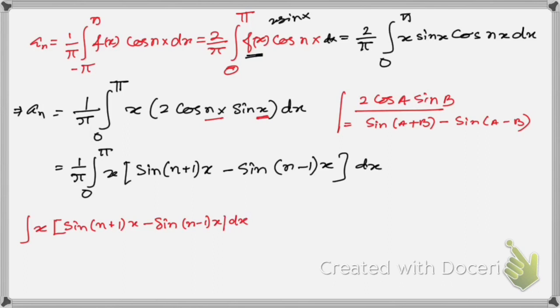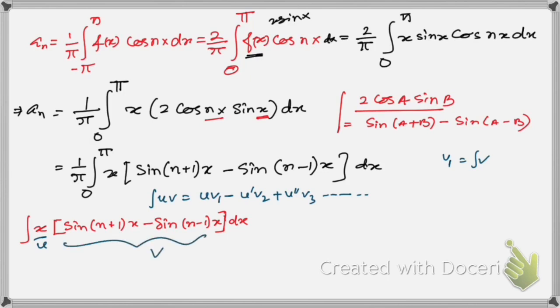Let me integrate this. So how to integrate this? Again we're going to apply this formula. Integration of u v is u v1 minus u dash v2 plus u double dash v3 and so on, right? I have already told you the meaning of this. v1 is nothing but integration of v. So here you have to take this one as u and this one as v, right?